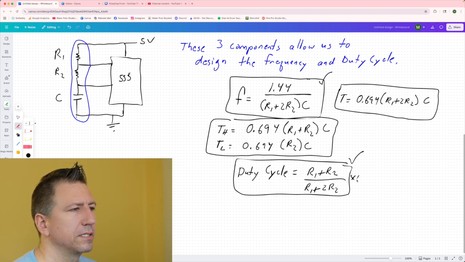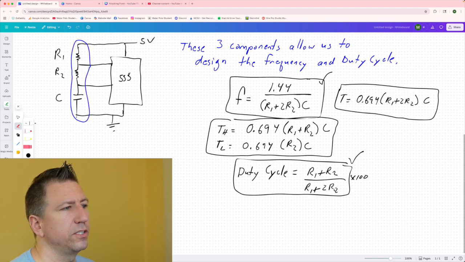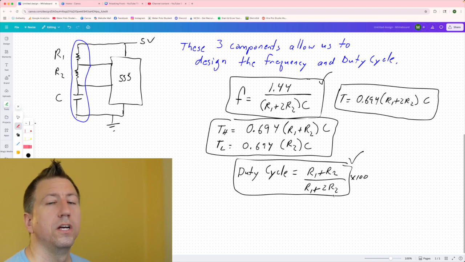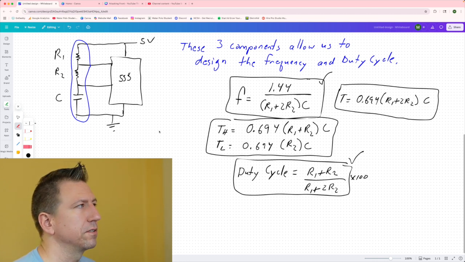Oh yeah, we have to multiply this by 100, right? So that would be 100% duty cycle. And if I make R2 very large compared to R1, we get R2 over 2R2, which gives us a 50% duty cycle. So that's where we get our range. If R2 is really big, we get a 50% duty cycle. If R1 is really big, we get a 100% duty cycle.